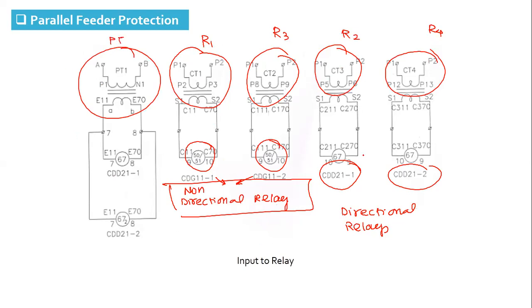For these two 67 relays, terminals 9 and 10 are for current input, and terminals 7 and 8 are for the voltage input. So this arrangement is for directional relays, where you need both voltage and current input.